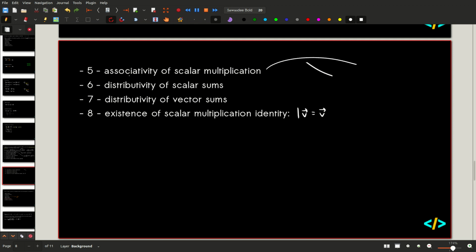Okay, so we know associativity is talking about the order of operators or operands. Which one's associativity talking about? Associativity is always about the order of the operators, whereas commutativity is about the order of the operands.